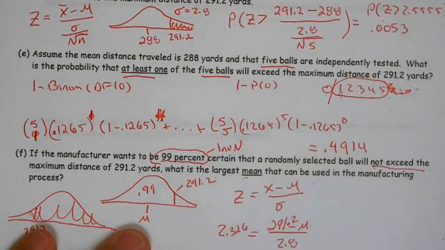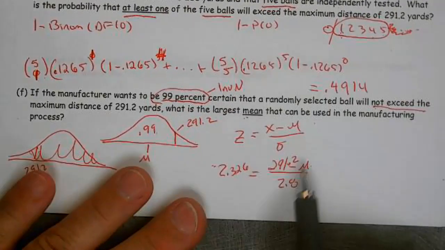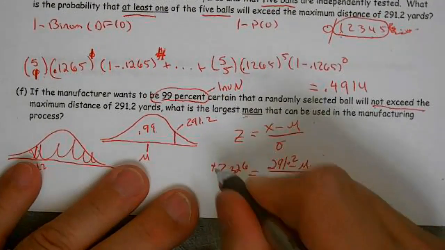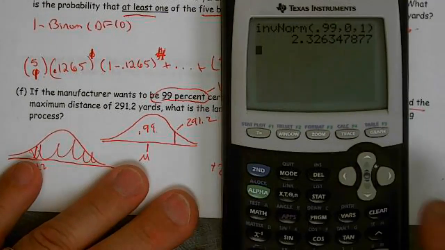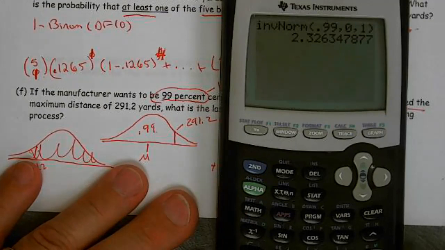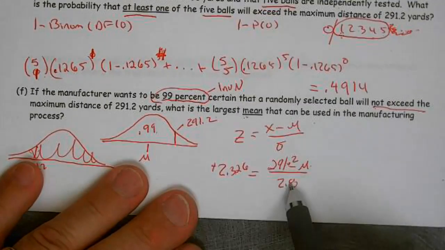Now I can solve that by algebra, and this, by the way, having that z-score is really important. I can solve this by algebra, which is what I'll have to do at this point. So I'm going to go, this should be a positive 2.326. So my 2.326 times the 2.8, which was right here.